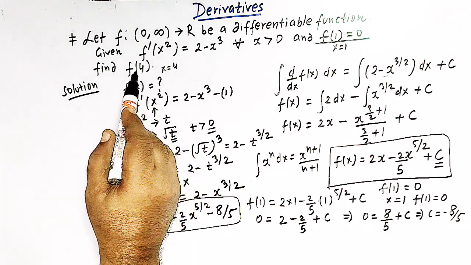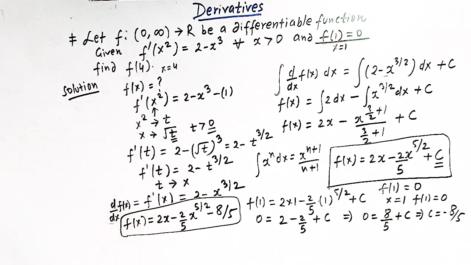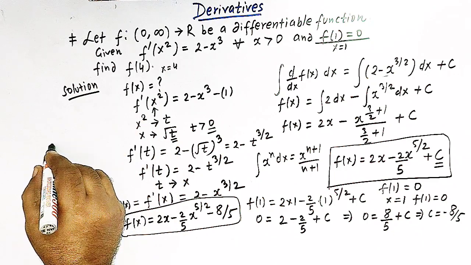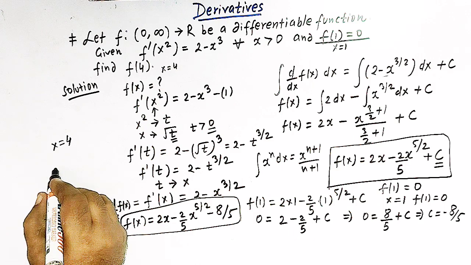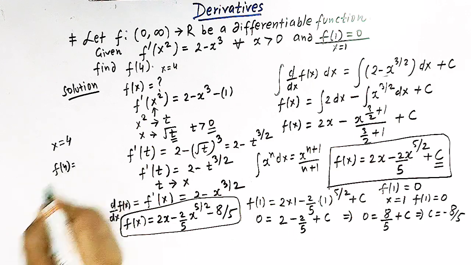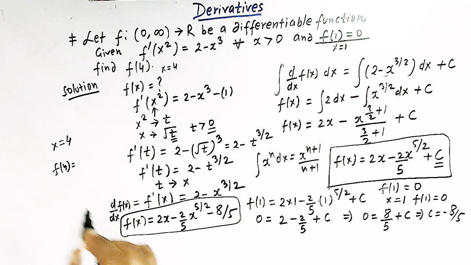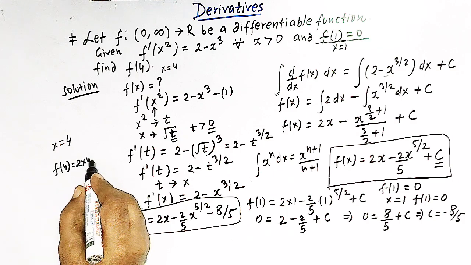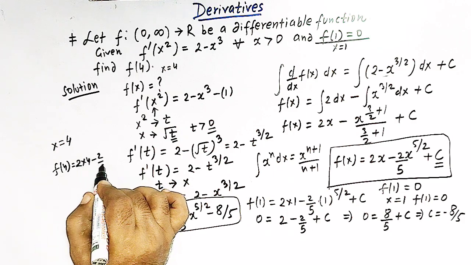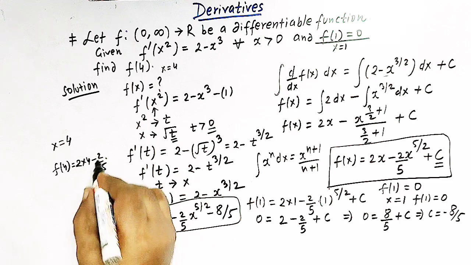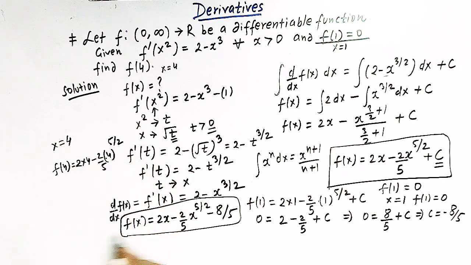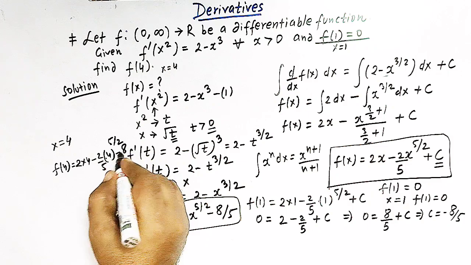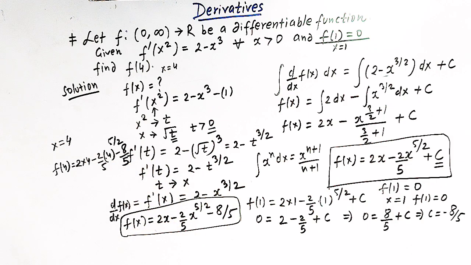Now we can easily find the value of f of 4 by substituting x equal to 4 in this expression. So we have f of 4 is equal to 2 times 4, then minus 2 over 5 times 4 raised to 5 over 2, and then minus 8 over 5, right?